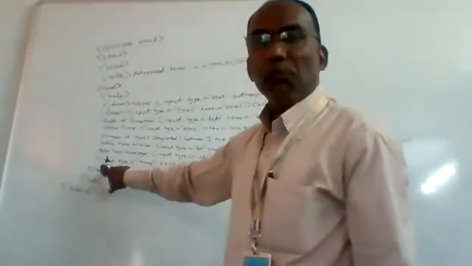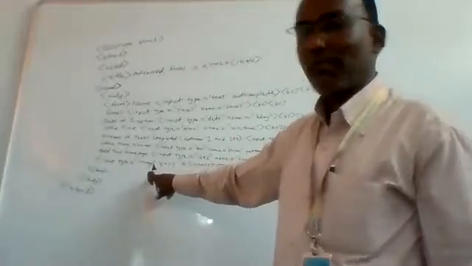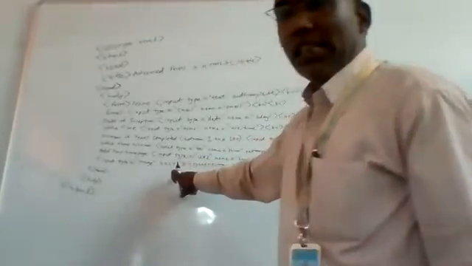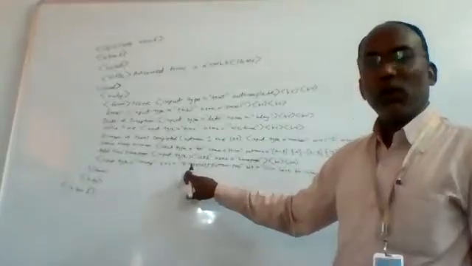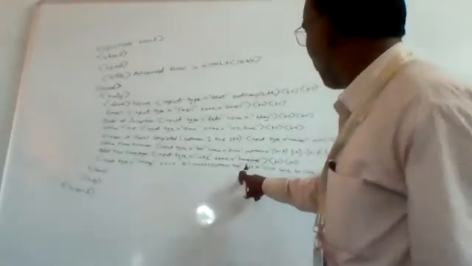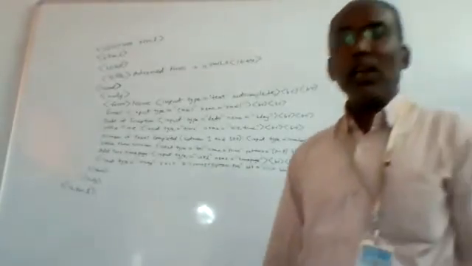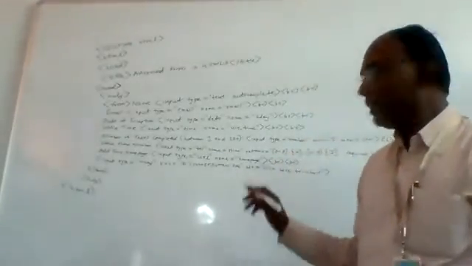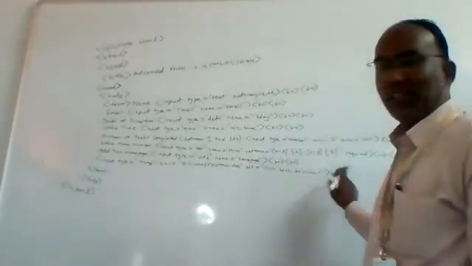Next, input type is equal to image, src is equal to d:\submit button dot png, and alt is equal to click here to submit.